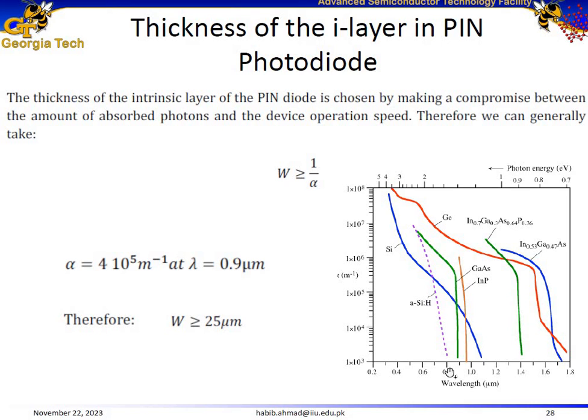So we need to set the I layer thickness to 10 micrometers if the wavelength of our incoming light is 800 nanometers. This is going to result in maximum efficiency for our photodetector. So the takeaway point is that the thickness of the I layer in a PIN photodiode depends on the absorption coefficient at a particular wavelength, and it's an important design parameter.